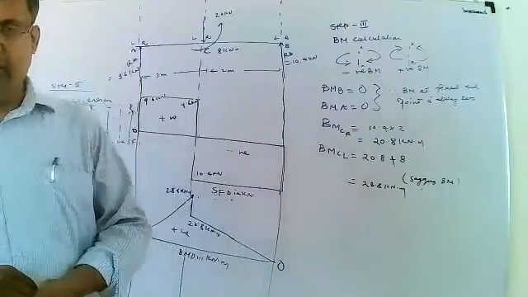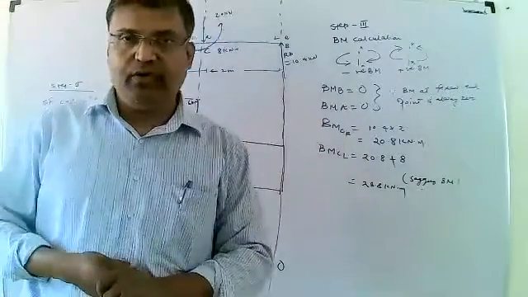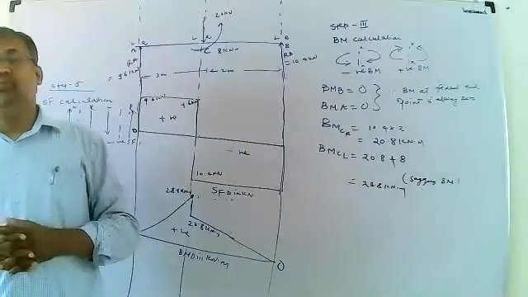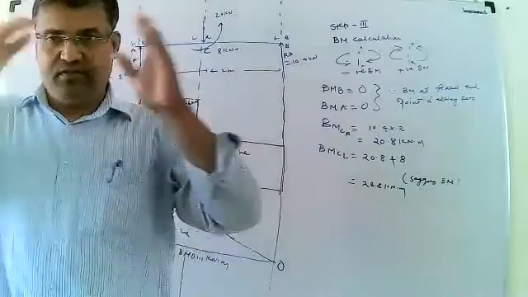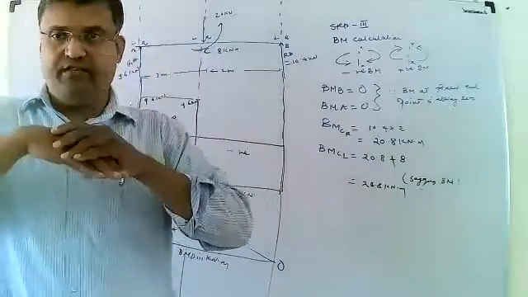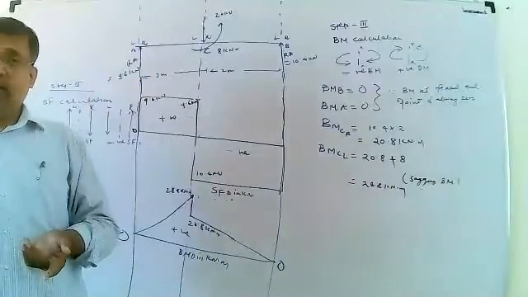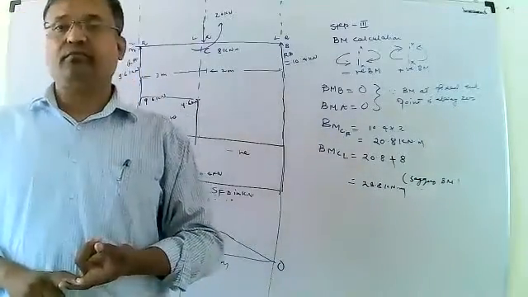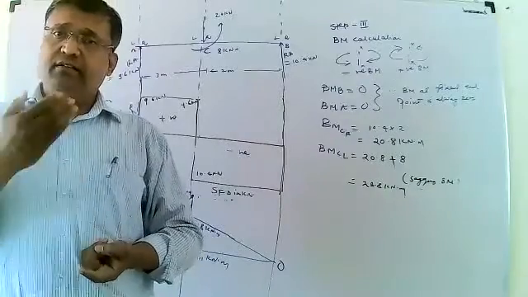Only one thing you remember: if the couple, this moment like this couple, okay, sometimes in a problem a couple is given. Couple means the direction of the moment is given either clockwise or anti-clockwise. Because a couple has two types: clockwise couple and anti-clockwise couple.